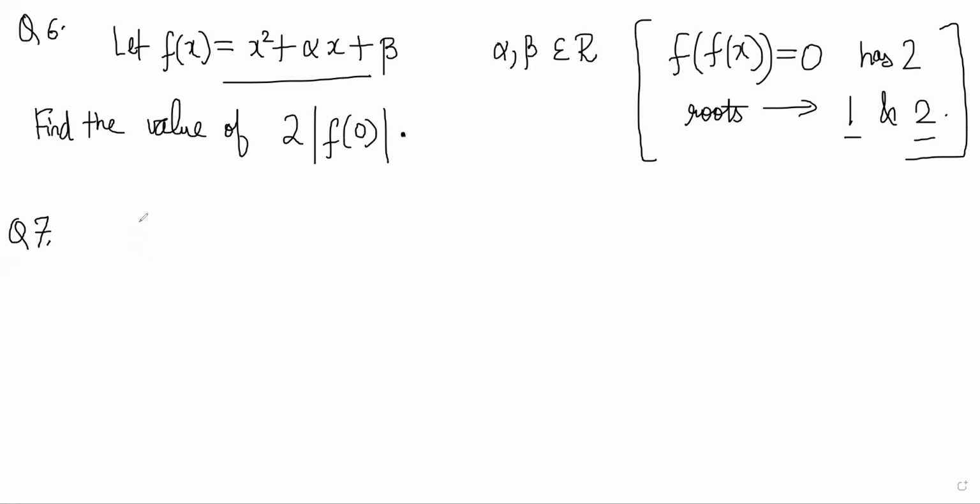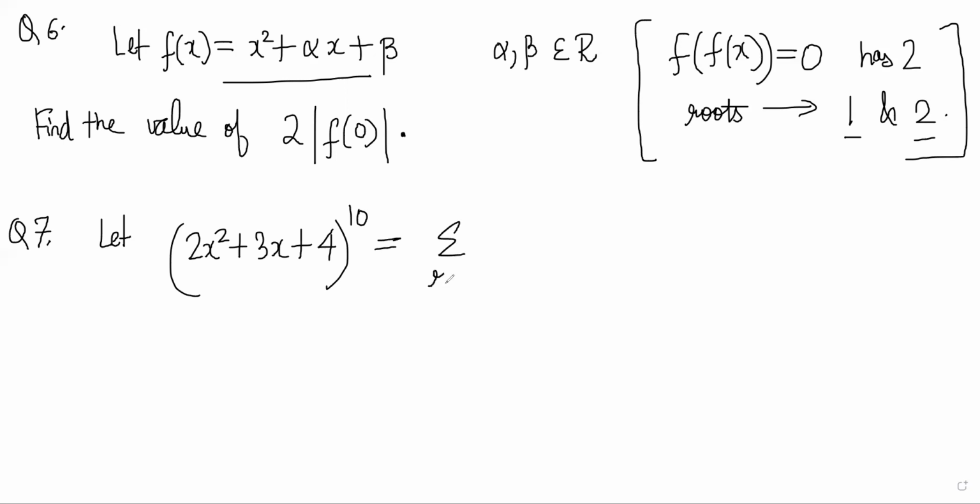Next one is this. Let 2x square plus 3x plus 4, power 10, be equal to the summation r goes from 0 to 20 of ar x power r, where a0, a1 till a20 are some constants.